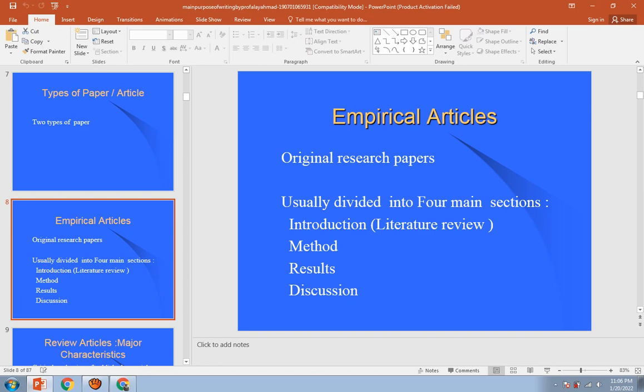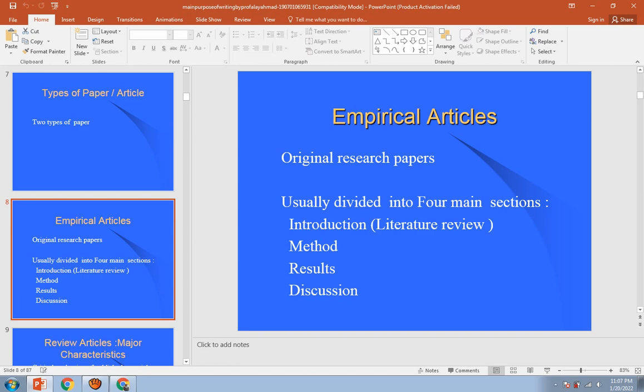Empirical means experimental. Empirical articles are based upon original research papers. Those contents or materials which are based upon original research work are called empirical work, empirical article.